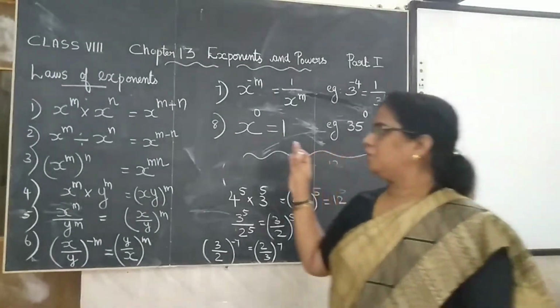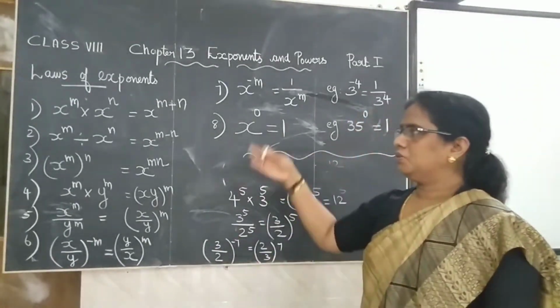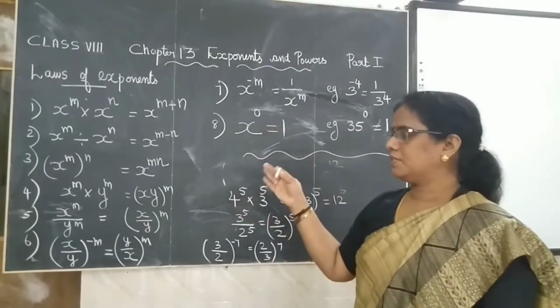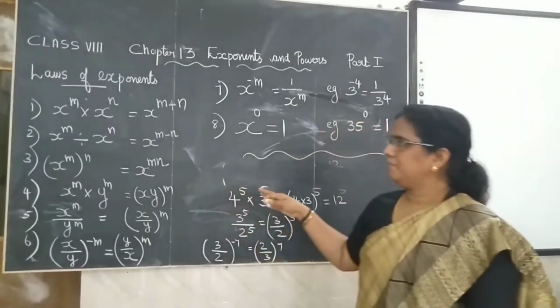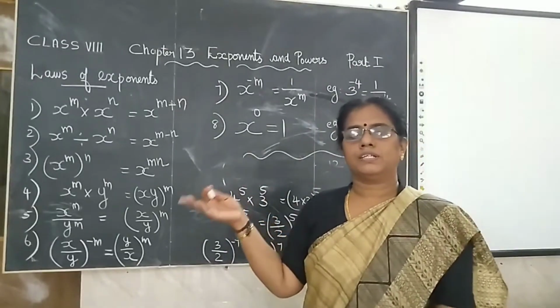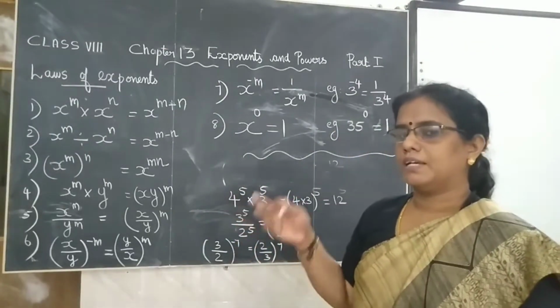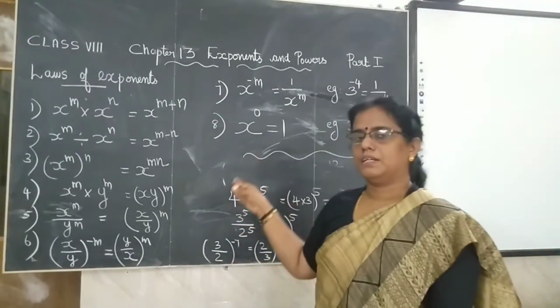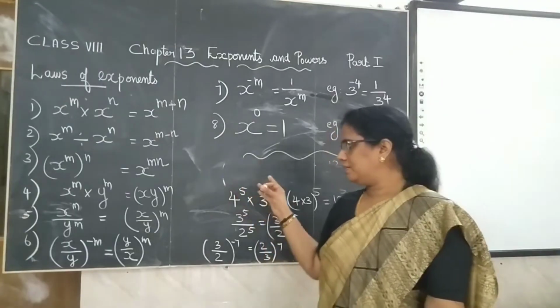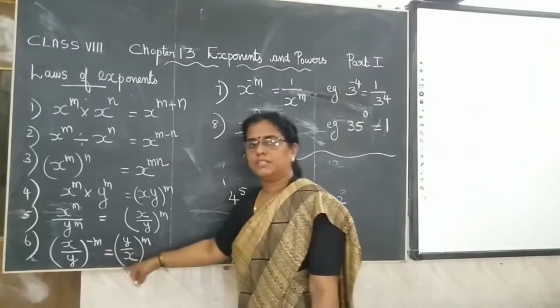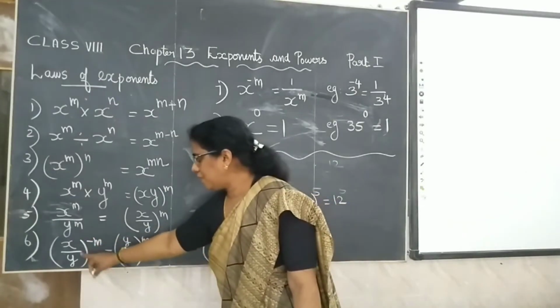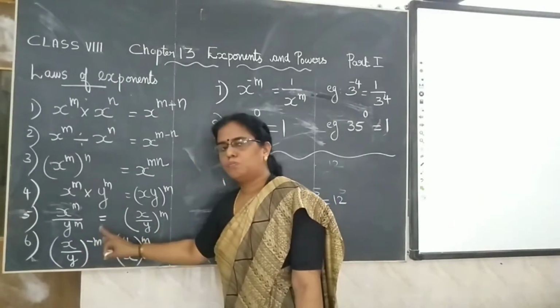Before starting the chapter, you should revise all these laws. Learn all the laws. Very simple. You already studied them in class 7 also. The same application is coming in this chapter also. And this property we use most frequently in this chapter: x by y whole raised to minus m.